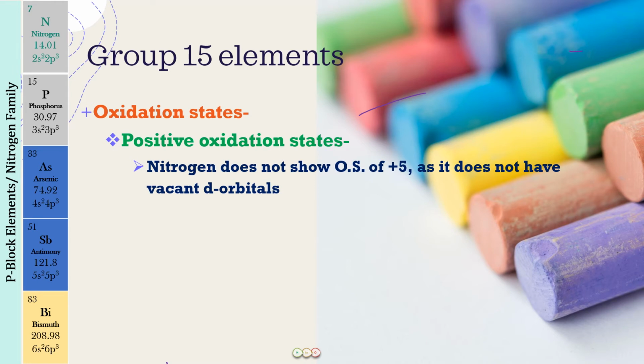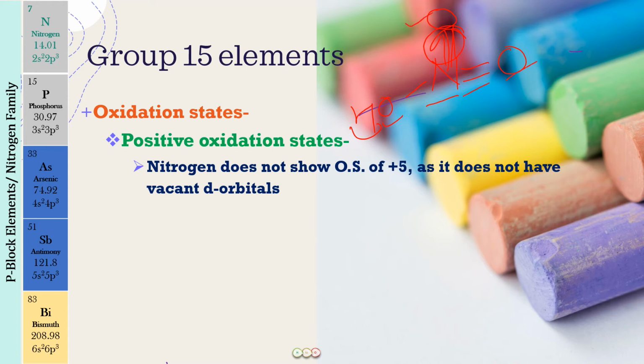If I make the structure for HNO3, we will have a nitrogen. It will have a double bond, and a single coordinate bond, so nitrogen will be sharing its electron pair, and then there will be one OH. Actually this hydrogen is forming a bond with oxygen. It is not forming a bond with nitrogen. Nitrogen is forming only 4 bonds. One, it is donating a lone pair to an oxygen atom.